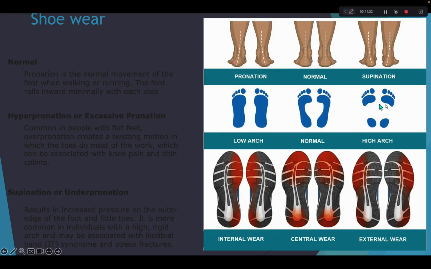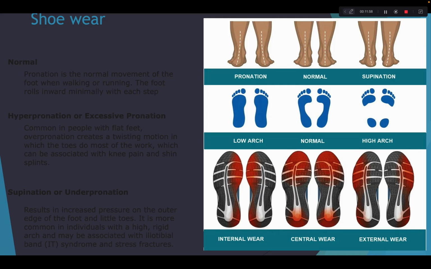When we are supinating or underpronating, we're not making much contact with the arch of our feet. This is bad. Most of the weight is going on that lateral part of the foot, right, and the heel. This results in increased pressure on the outer edge of the foot and toes.